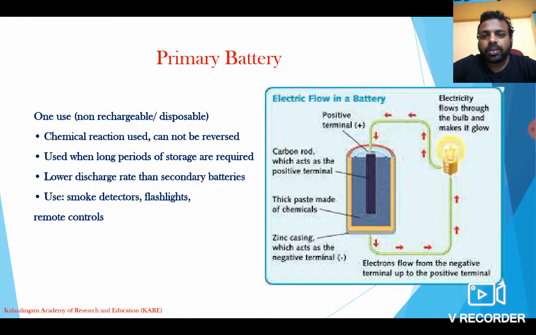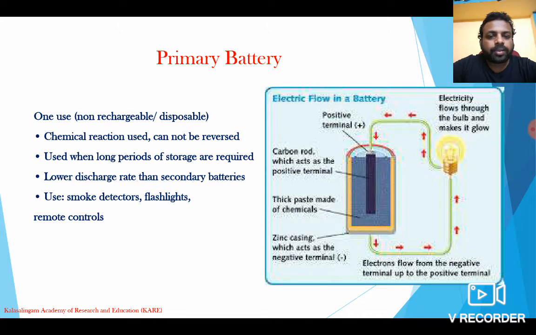The primary battery, also known as the non-rechargeable battery, can be used only one time. After that you cannot use it continuously. These kinds of batteries are mostly used in wall clocks, remotes, and other small electronic accessories.